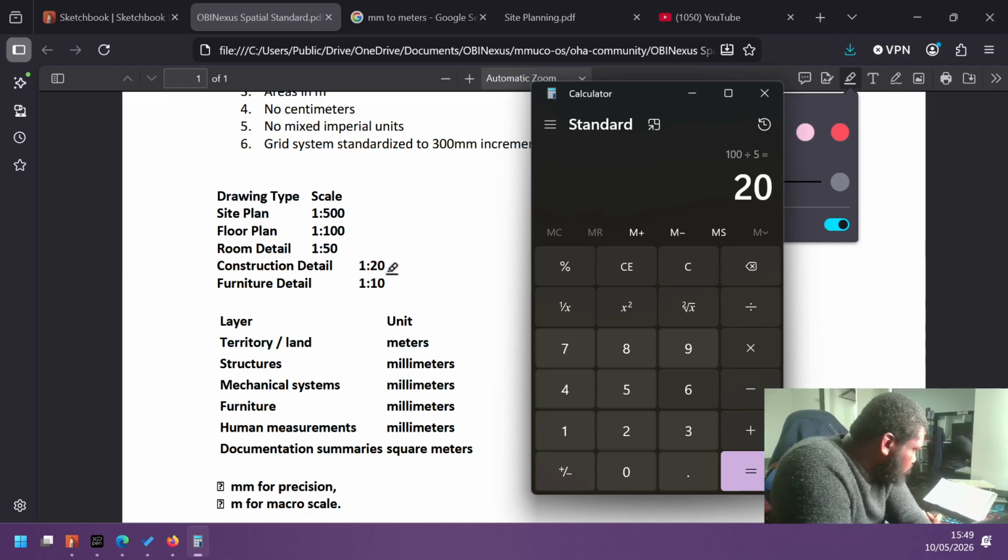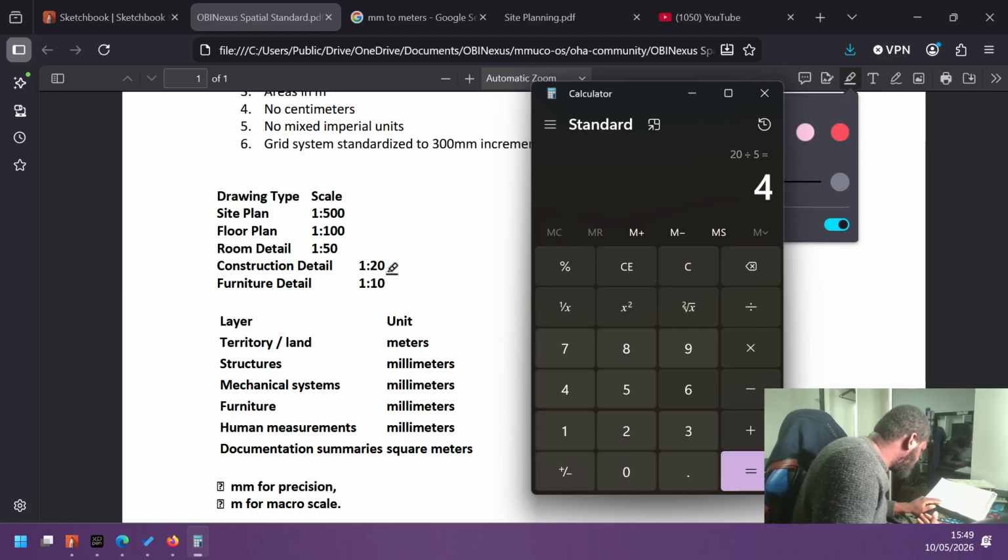So if I do 20 divided by 5, that'll be 4. Why did I make it 5? Now that's a very big door. That's 4 representing 400, 4,000 meters. So 5,000 meters.